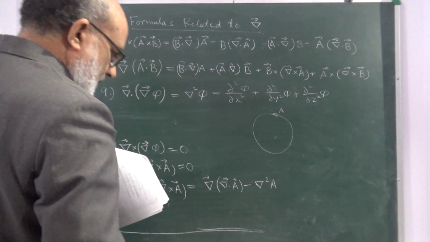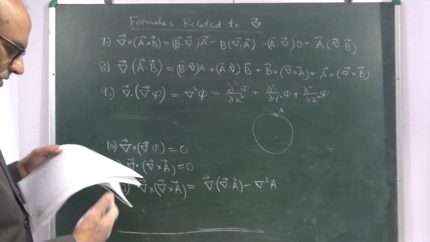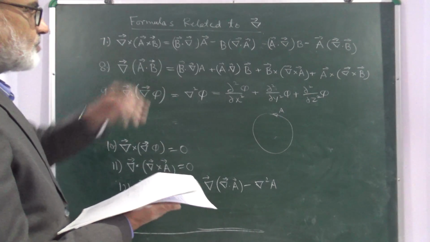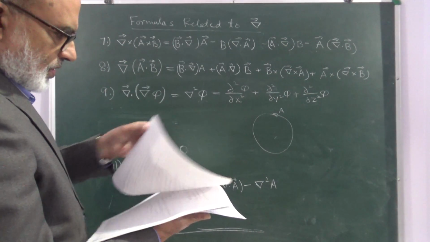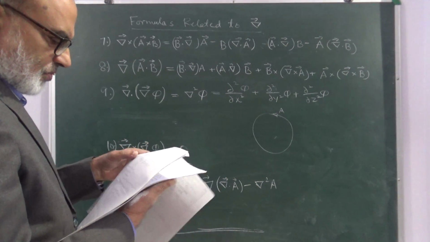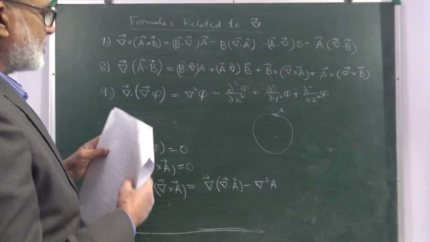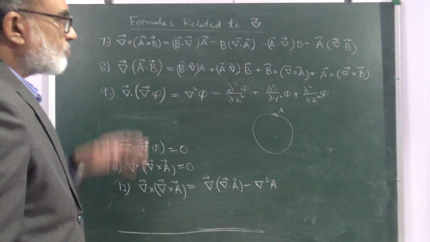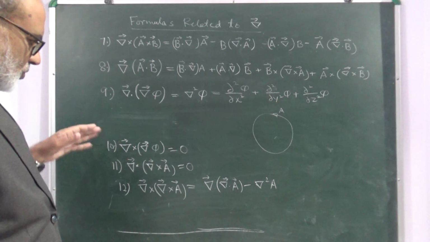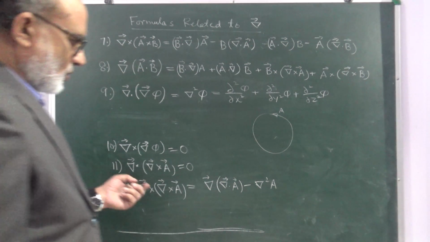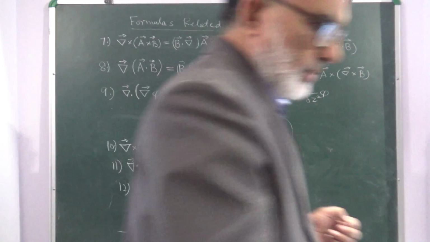So this will be 0. And this is the final result. So all these formulas are related to the del operation, and we can solve them. Some of them are easy to prove. I will prove some of the tougher ones, and we'll do some problems in the next class. Okay. Thank you.